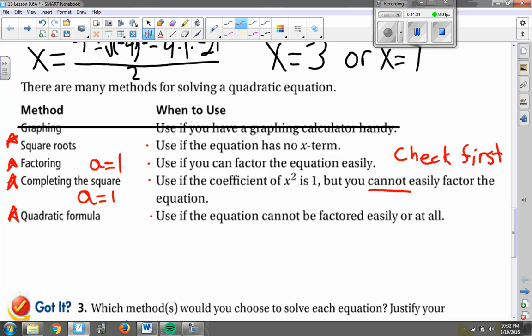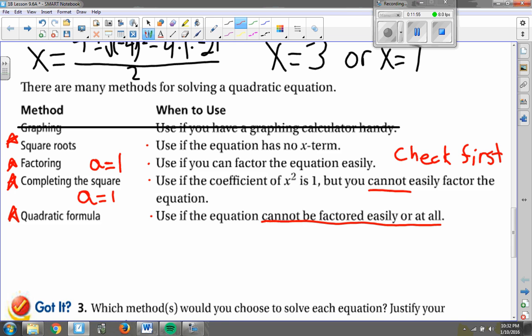We use completing the square when we have a nice coefficient of x squared, but we cannot easily factor because our b and c values don't match up well. And then quadratic formula, use if the equation cannot be factored at all, or if you cannot factor it easily, or you just don't want to, and you want to use that quadratic formula if you like the math.